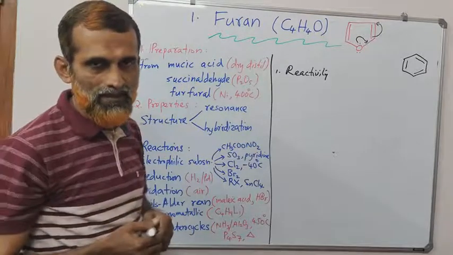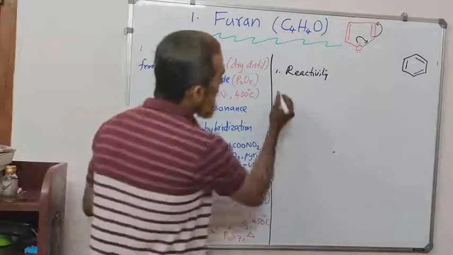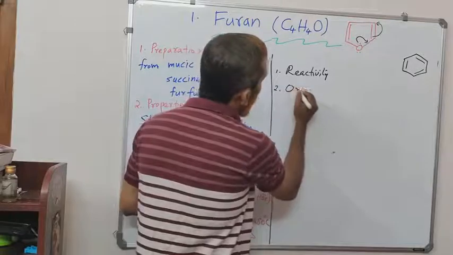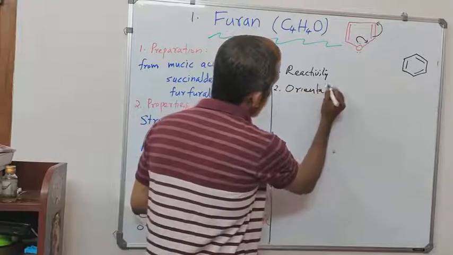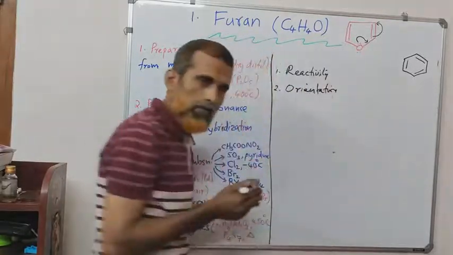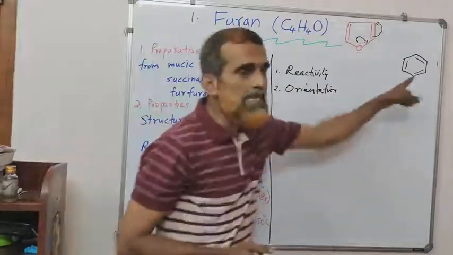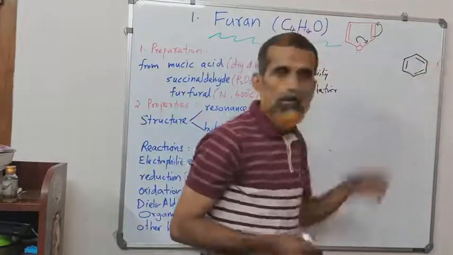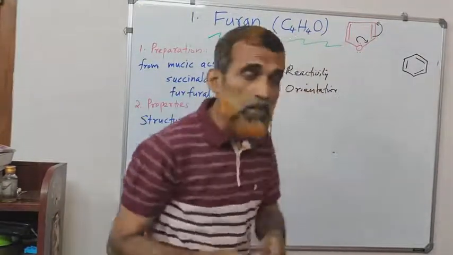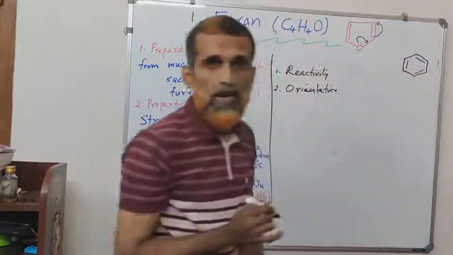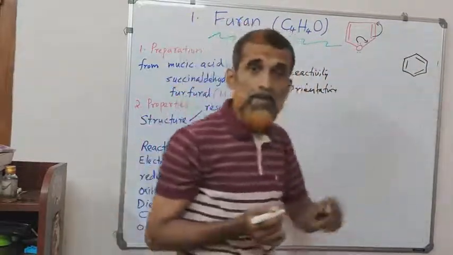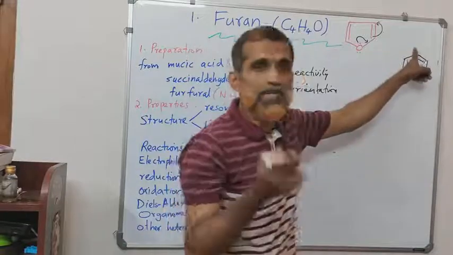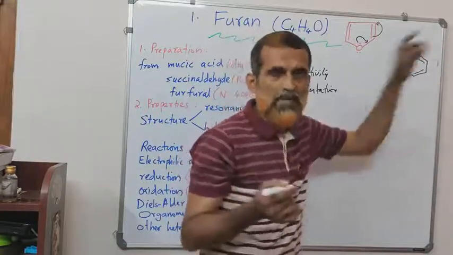You understand? Then the second point is regarding orientation. That's very important. Orientation means, see, in benzene, all positions are equivalent. So there is no question of where the electrophile attack, all equivalent. But in monosubstituted benzene, there is a question where the second attack takes place.